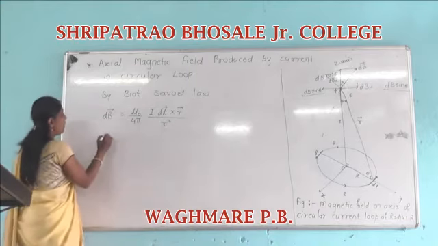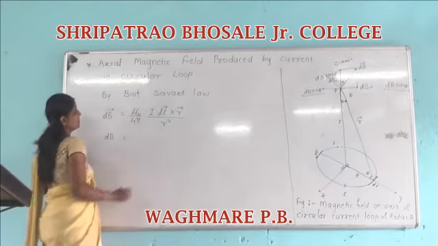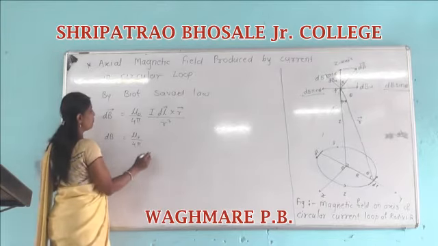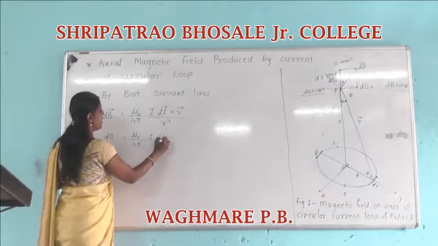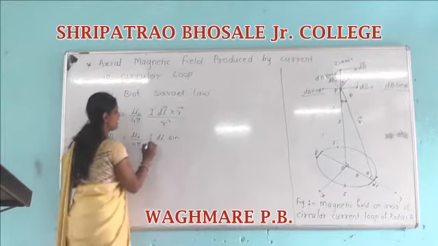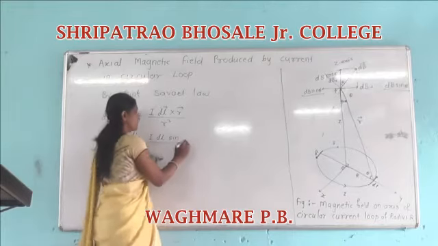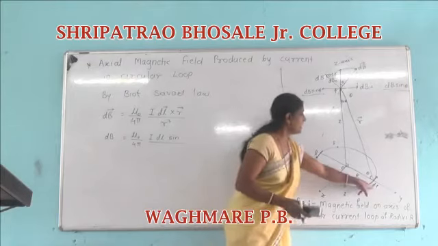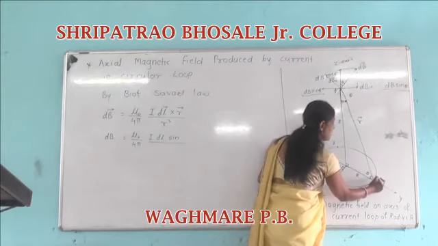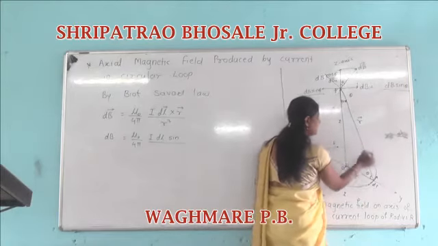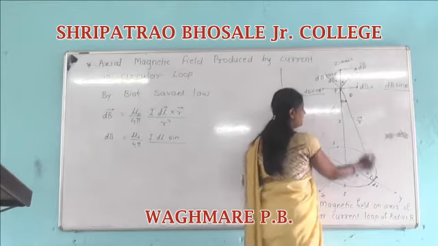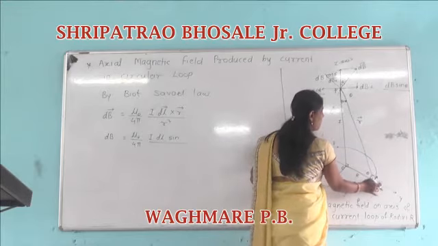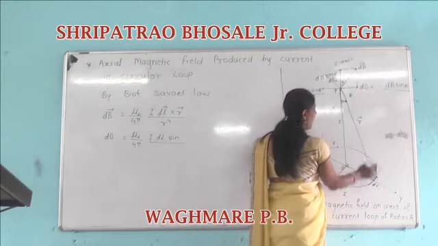Then the magnitude of this equation can be written as mu naught upon 4 pi, I dl sin theta, where theta is the angle between dl and r. This is the direction of current, and this is the position vector. This will be the angle between the direction of the small element and r.